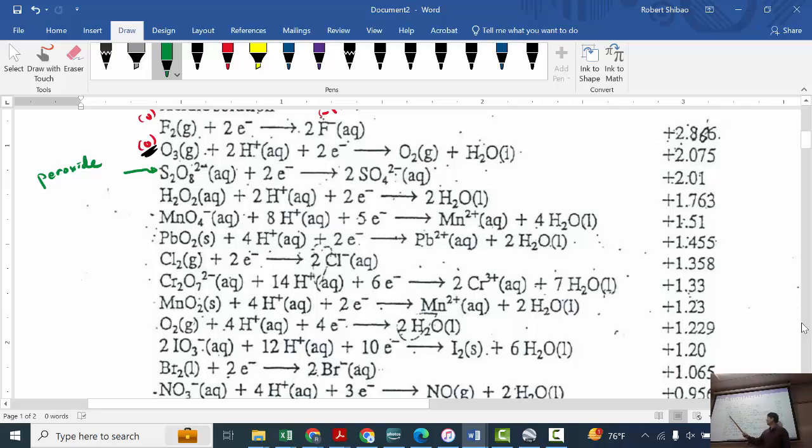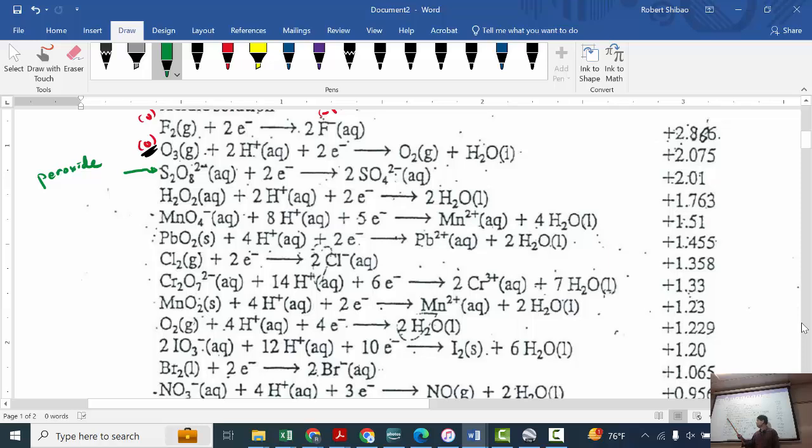Manganese is +7, and in this particular case, it's going to gain 5 electrons. So if we go from +7 plus 5 negative electrons, what does manganese go from? It goes from +7 to +2, gaining 5 electrons in the process. So that's it. High positive charge on manganese.